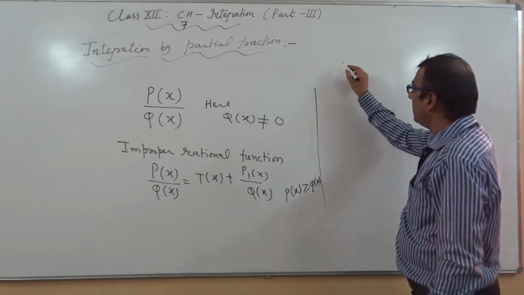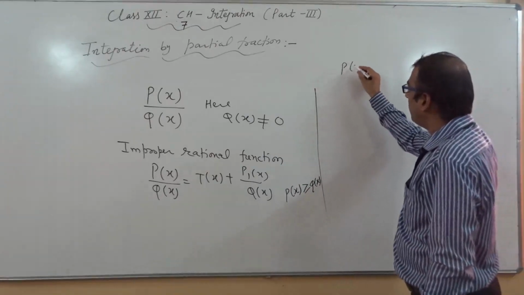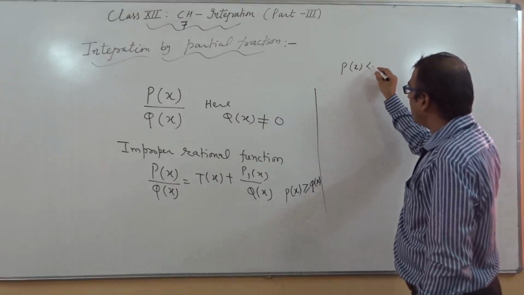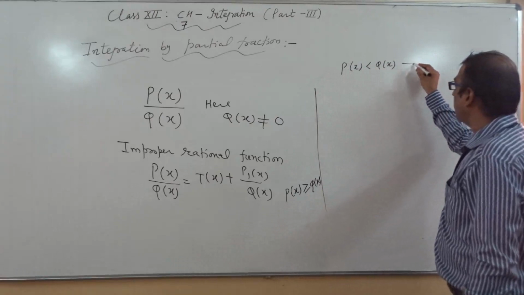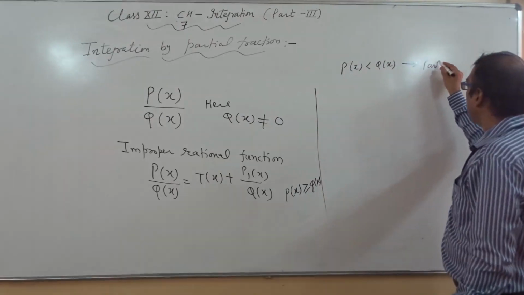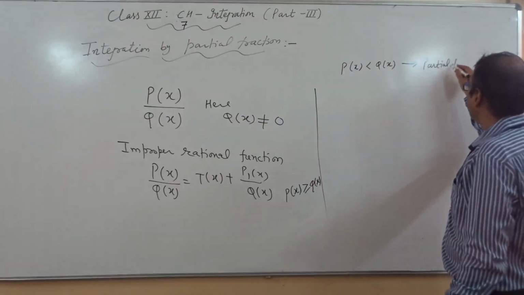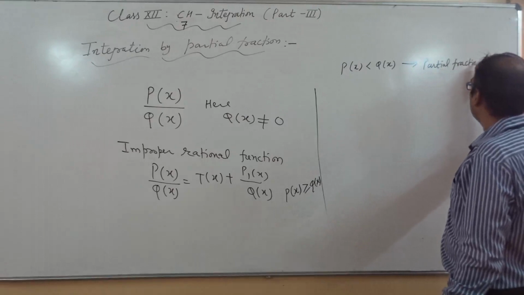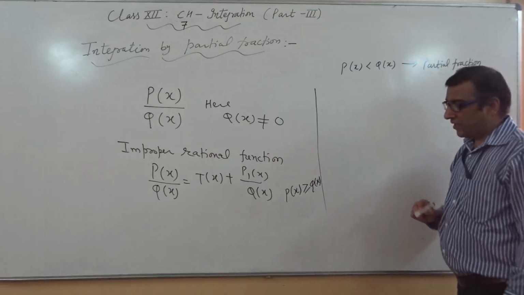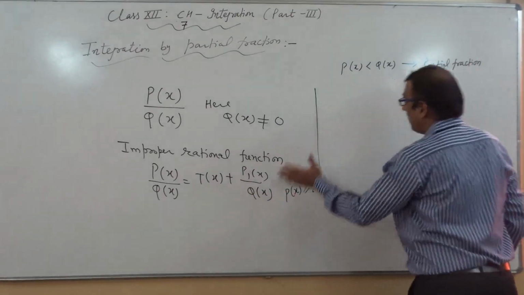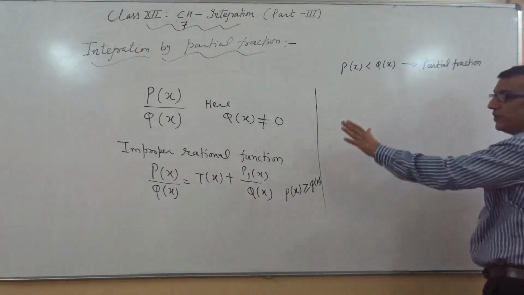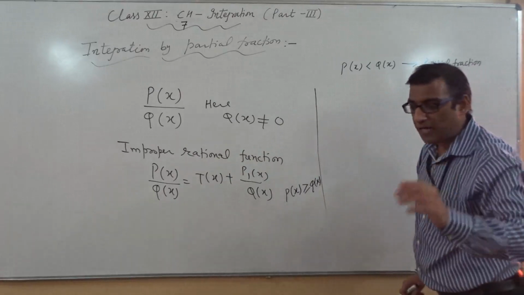But what happens when the degree of the P polynomial is less than the degree of the Q polynomial? In that case we will continue with partial fractions. So in this case, instead of the long division process, we will continue with the table of partial fractions.